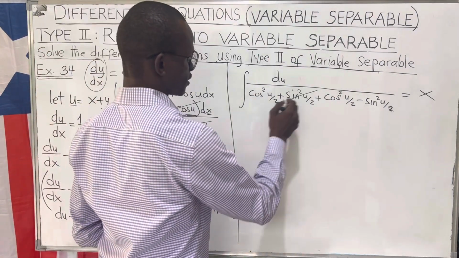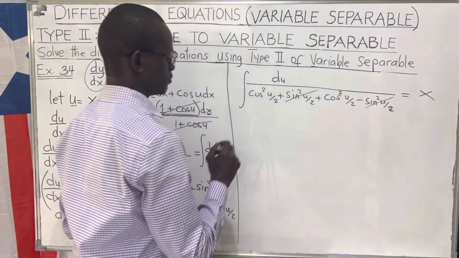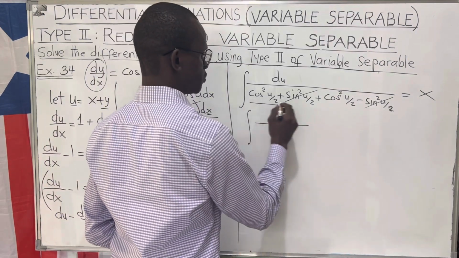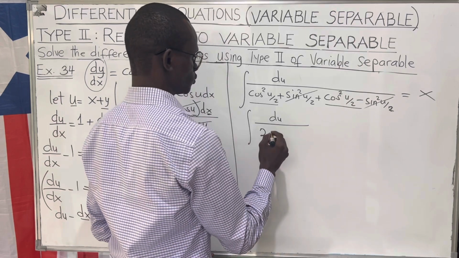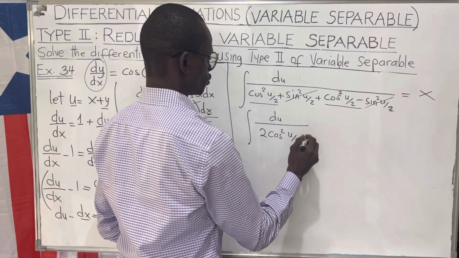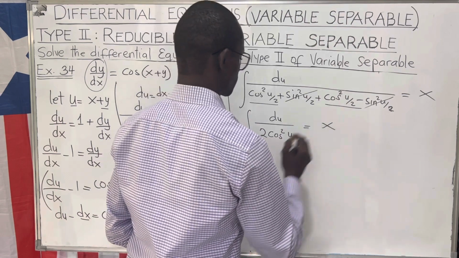So the sine squared terms cancel, and we have du all over 2 cos square u over 2 equals x.